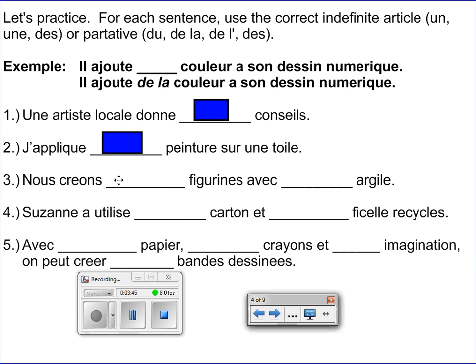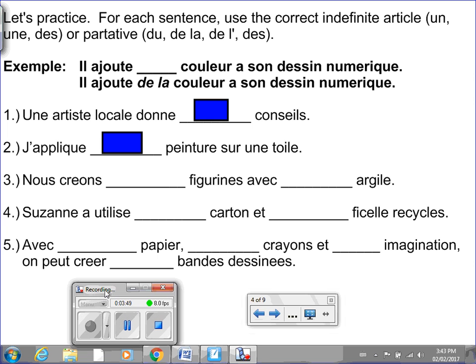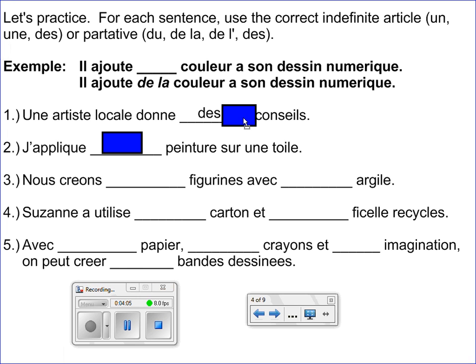Okay, so I'll do the first two here on this video. So question 1 says: Un artiste local donne blank conseils. Well, conseils is plural. And when it comes to plural, that's pretty easy. We would just use des. Okay, the next one, number 2: J'applique blank peinture sur une toile.